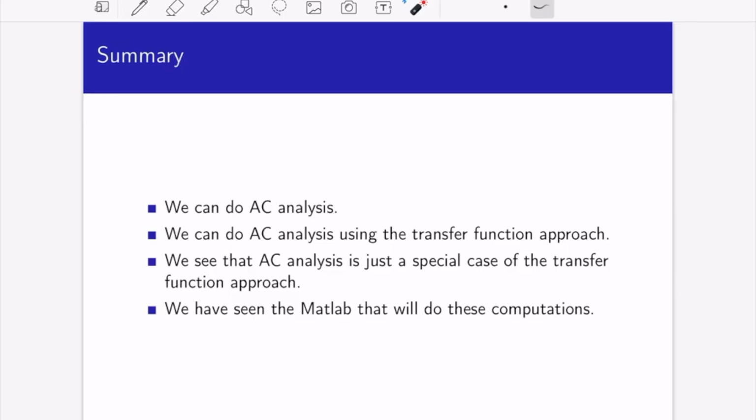We've also done AC analysis where we solve the equations and simply use the complex numbers. We have seen today that AC analysis is just a special case of the transfer function approach. This makes it much easier to understand what's going on if we have a good understanding of how transfer functions work. And last, I discussed how you can use MATLAB to do these computations.